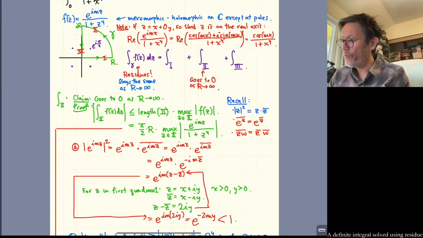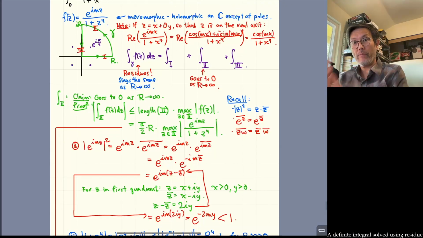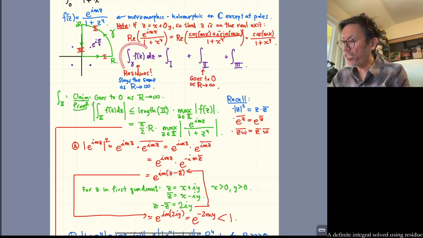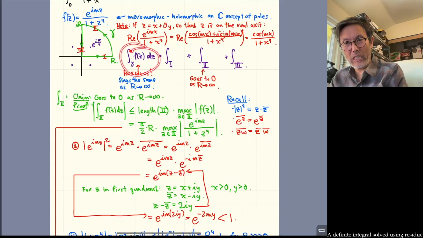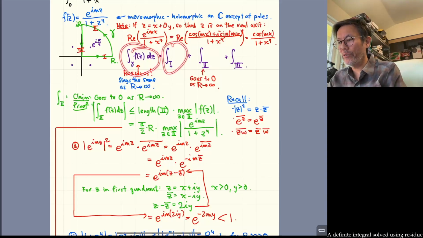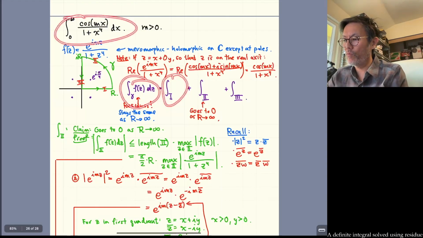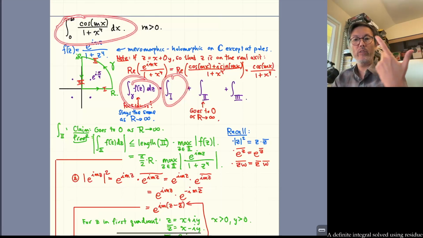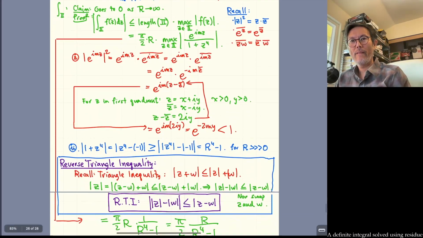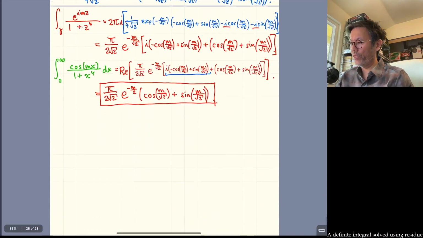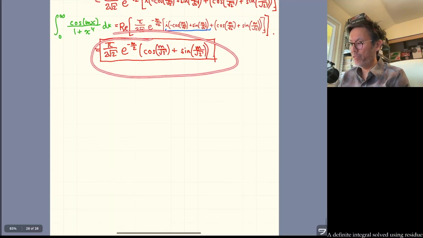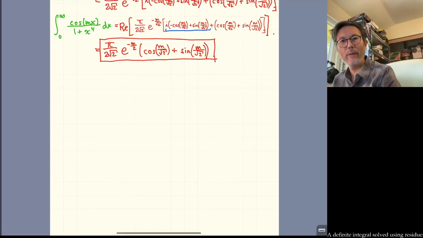So we can just take the real part of this integral here to compute the real part of that integral there, which is exactly this integral as we let r go to infinity. And that ends up with this formula, which holds for all positive m.